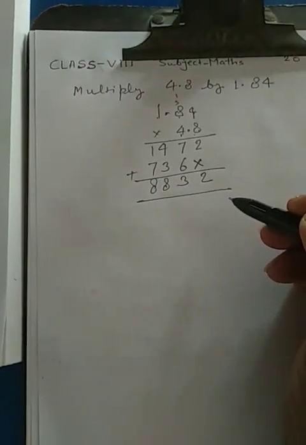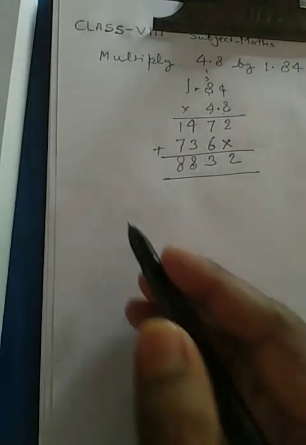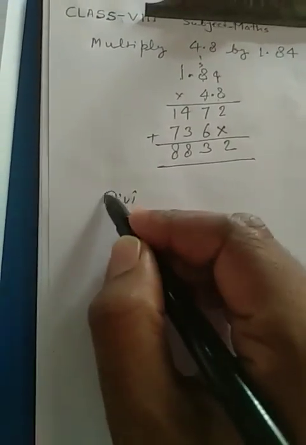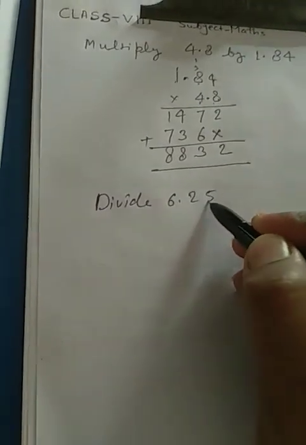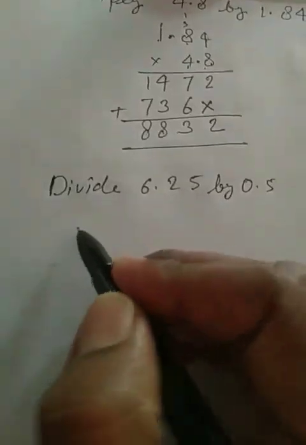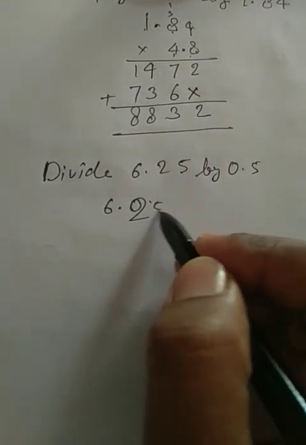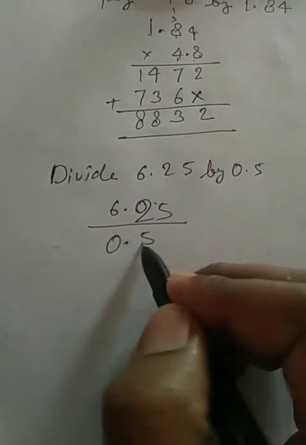This is the multiplication. For division, I am taking another example. Divide 6.25 by 0.5. It means we have to divide 6.25 by 0.5.